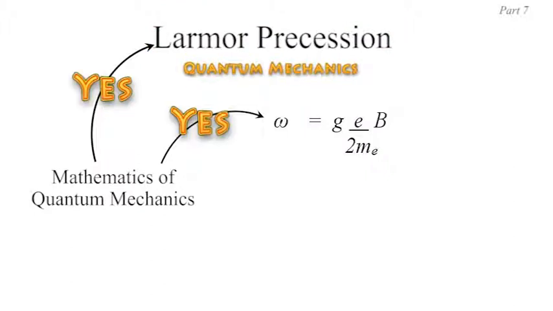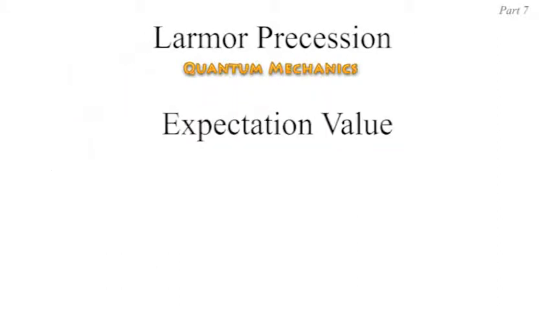Well, the answer is yes, and the approach that is always taken is to work out what we are calling the expectation value of the spin in each of the three directions x, y and z. Note that this is not trying to make a measurement of the spin, it's a calculation of the average of each of the three components of spin as functions of time.